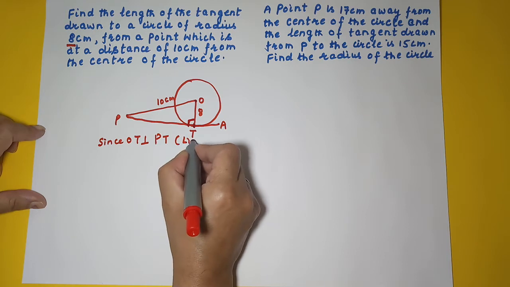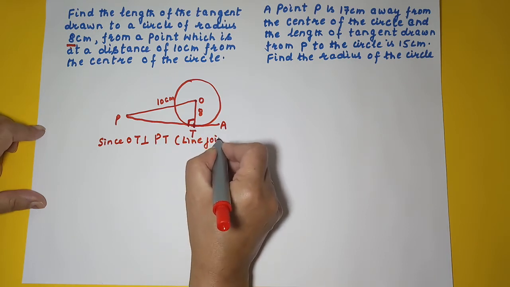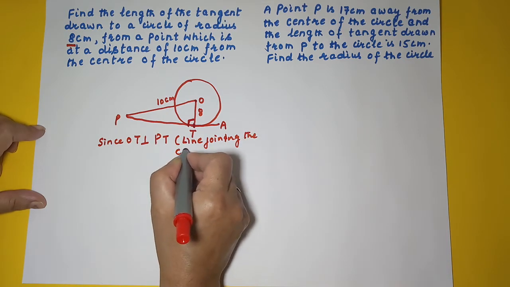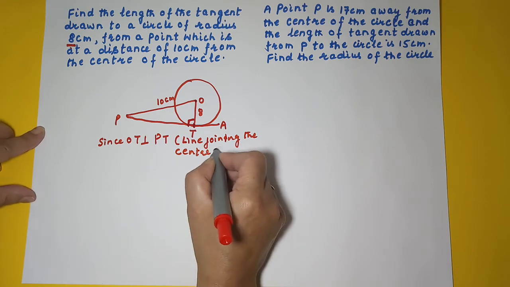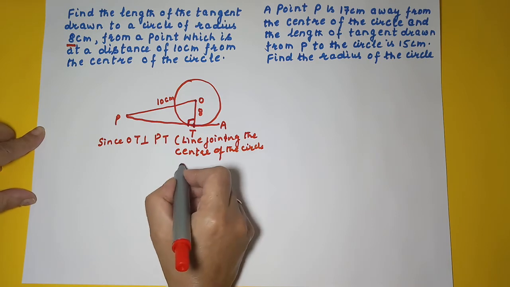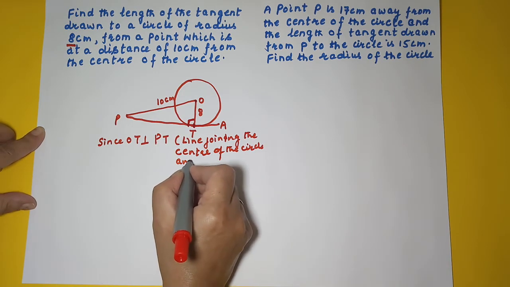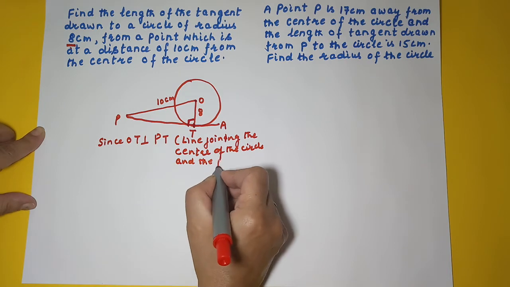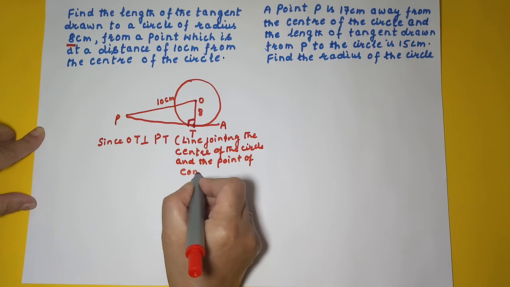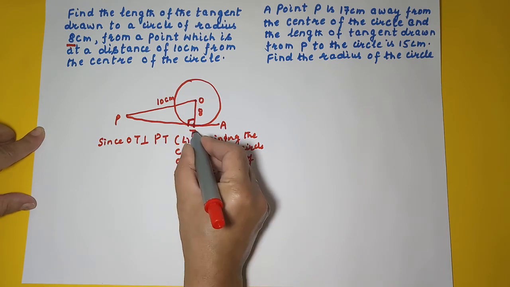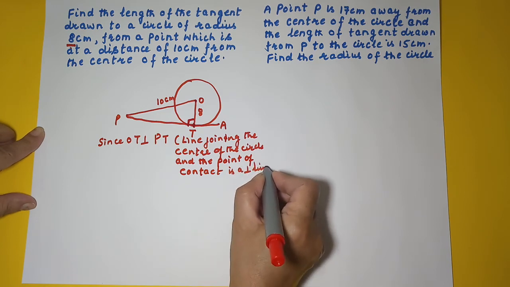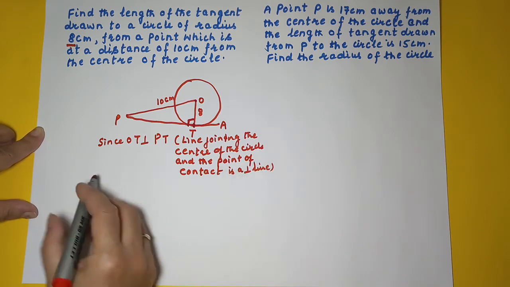You can write: line joining the center of the circle and the point of contact, which is this T, is a perpendicular line. This is by theorem which we did in the previous video, right?